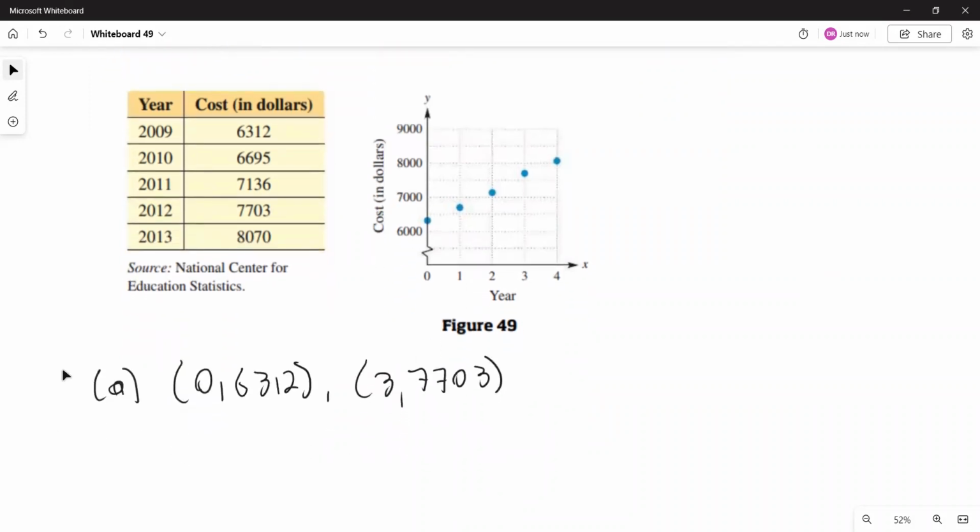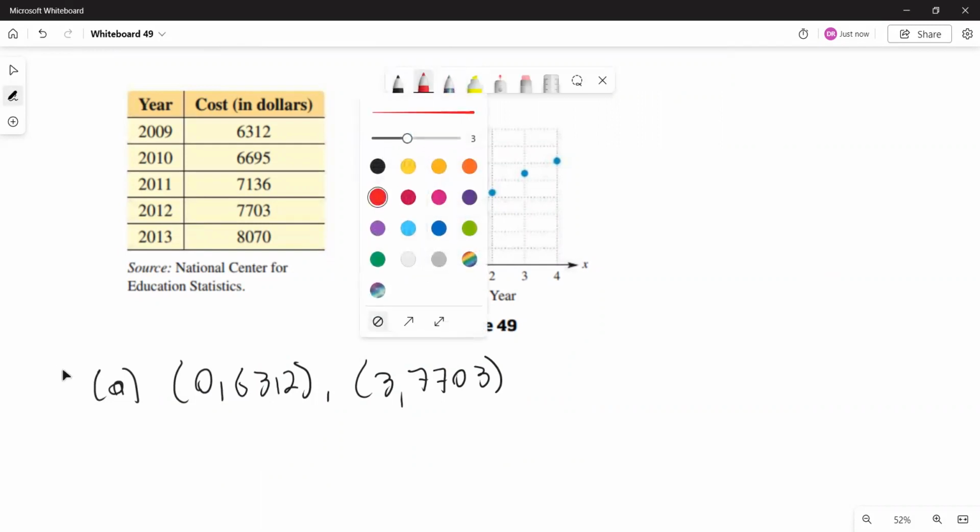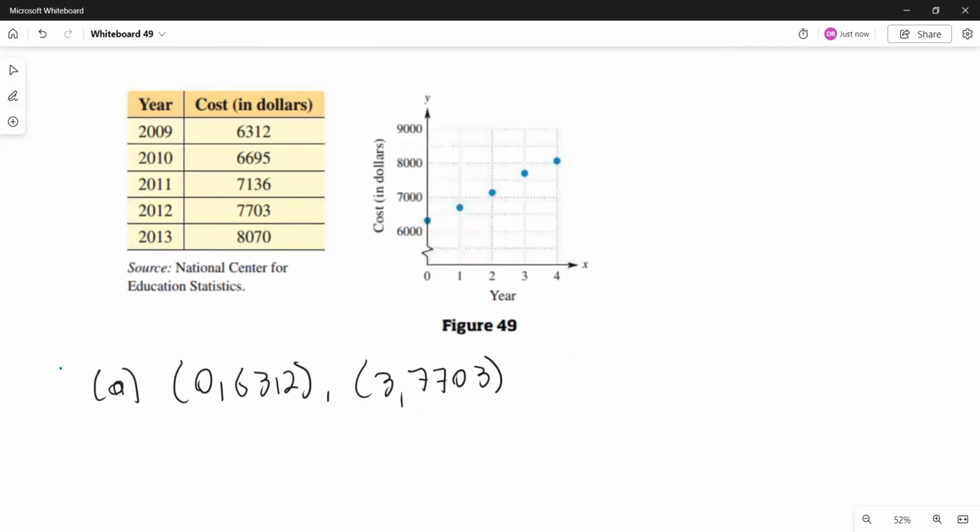Good thing we already know the y-intercept. All we need is the slope.